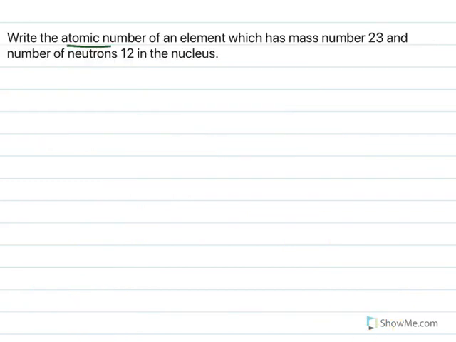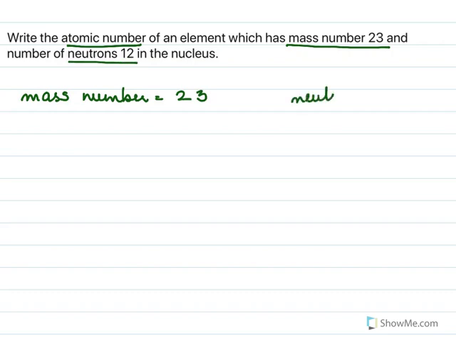Write the atomic number of an element which has mass number 23. So let's write down mass number equal to 23 and neutrons equal to 12. If mass is 23, mass we know are protons plus neutrons, and this is 23.